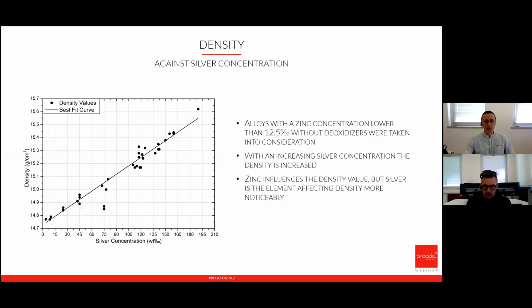It's obvious that if you sell by weight, you have to decrease your silver concentration and put, for example, zinc, as we know that also zinc influences the density value. But you have to take into account that changing the composition to decrease the density could lead to other problems during casting and during the production process.